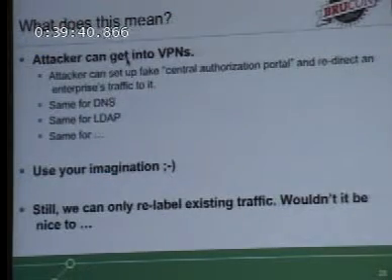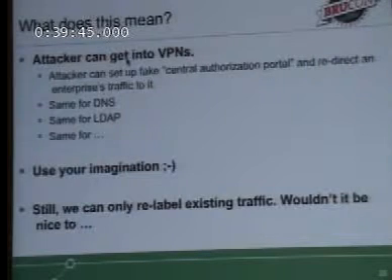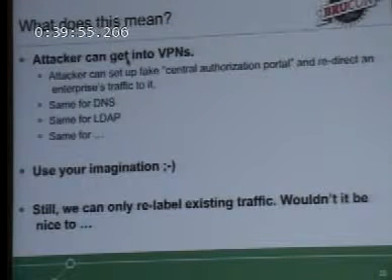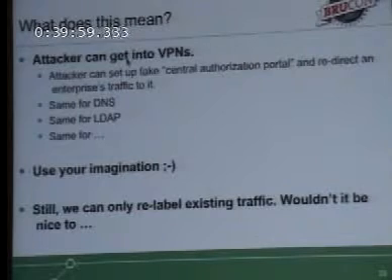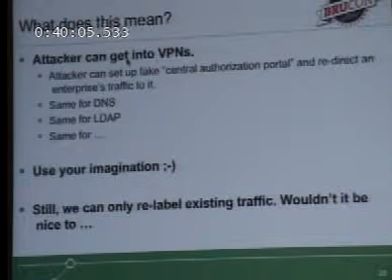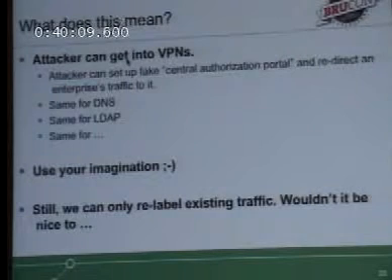So what does it mean if someone inside the cloud can relabel this information? You can use this to set up maybe a fake central authentication portal. You can use this information to grab all the corporate passwords and use them for your own purposes.